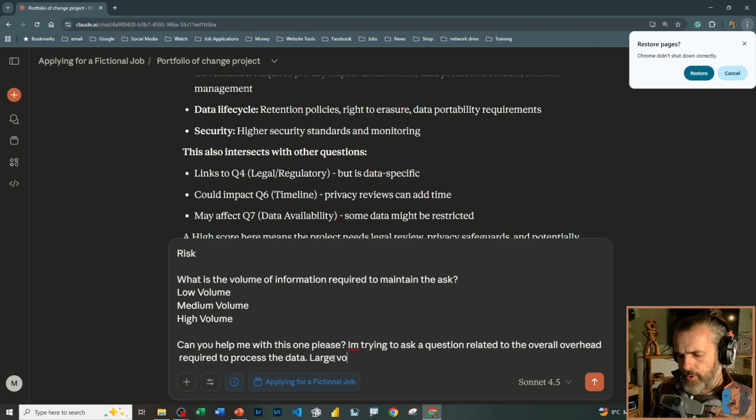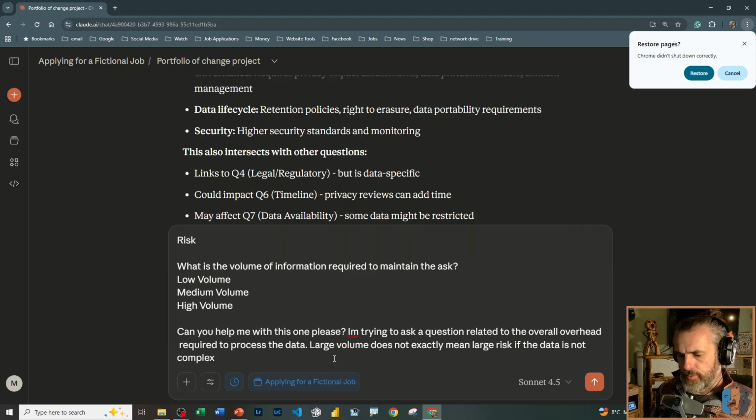Large volume does not exactly mean large risk if the data is not complex or has high cardinality. Do you get me?